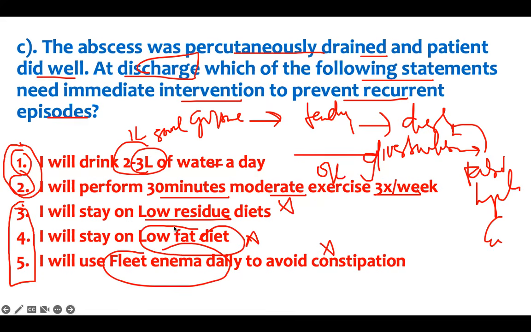Those that you need to intervene: stay on low fiber diet, wrong. Stay on low fat diet, wrong. Use fleet enema, wrong. So 3 to 5 are your right answers. This is the end of it. As you can see, they can give you 5 questions in the series. This is the way they will do it for you, but you just have to follow the plan and the management.